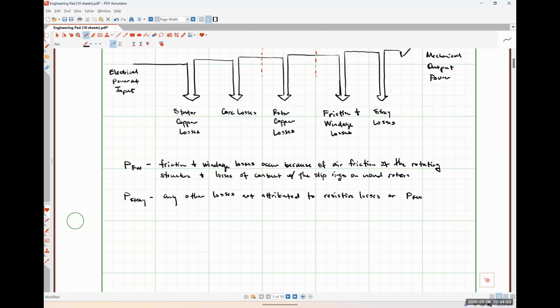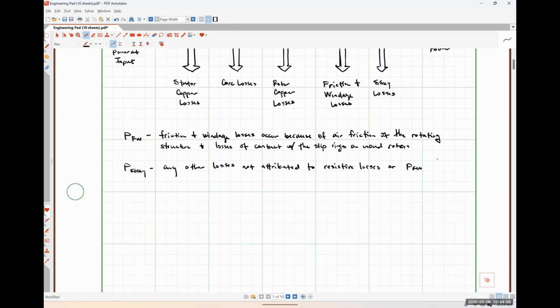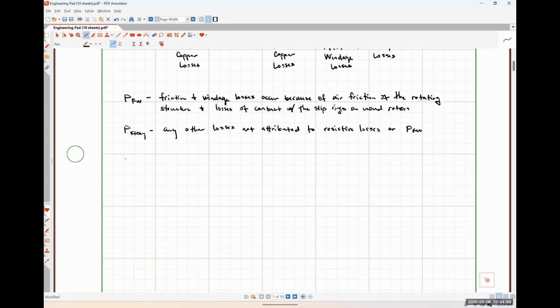Okay, so talking about efficiency now, pretty straightforward. Our efficiency for our motor is simply going to be the ratio of our output power to our input power.